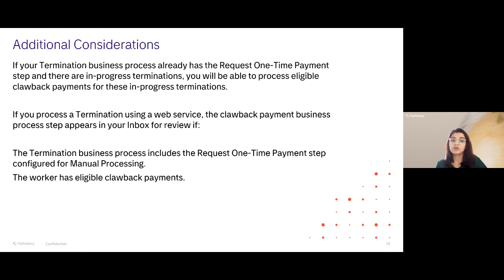And in case you are terminating via a web service or an EIB, just make sure that your request one-time payment step is marked to be processed manually, and then you can receive this one-time payment step in your inbox, even though you are terminating your employees through a web service.